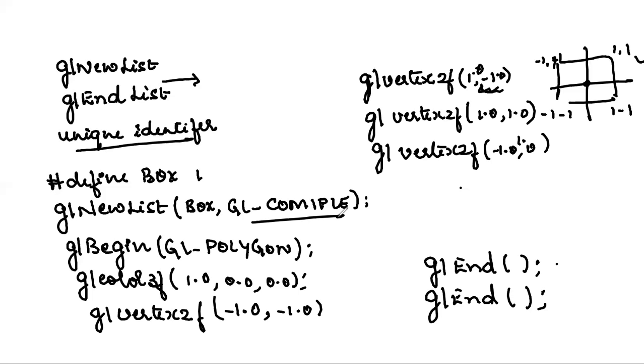Now we need to understand what this GL_COMPILE is. It is a flag which tells the system to send the list to the server and not to display its contents. That means it is only going to compile but not display. We have another flag called GL_COMPILE_AND_EXECUTE.